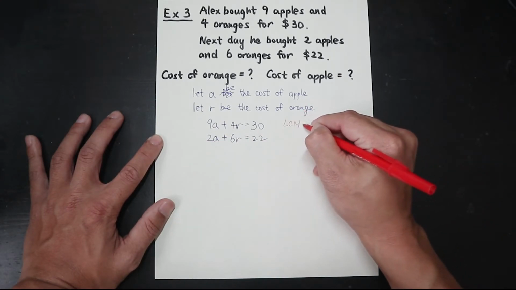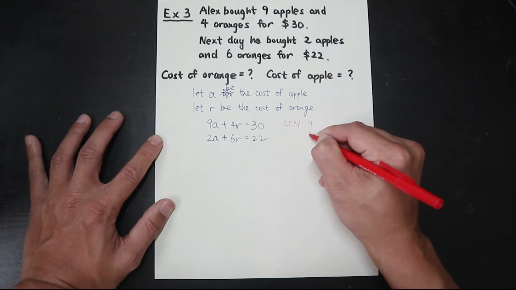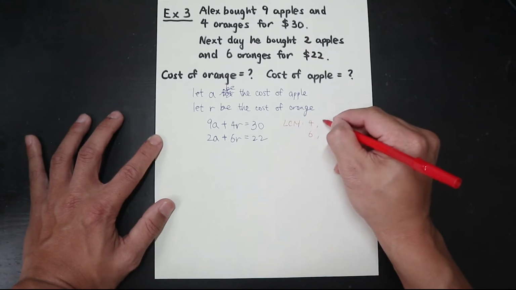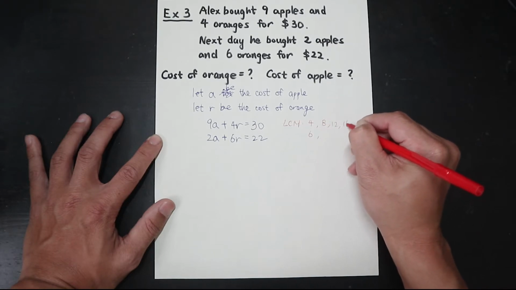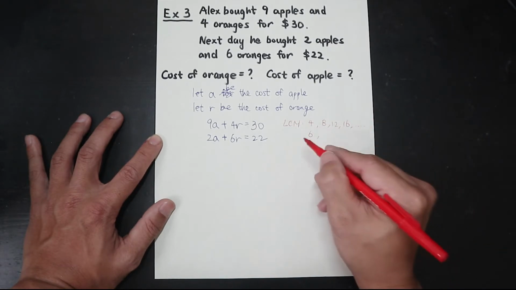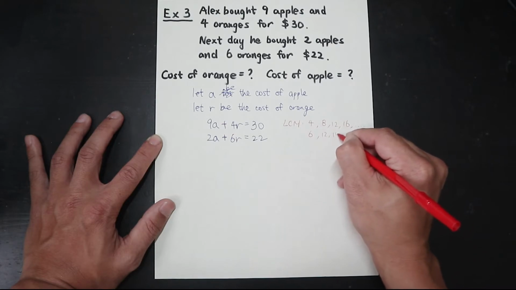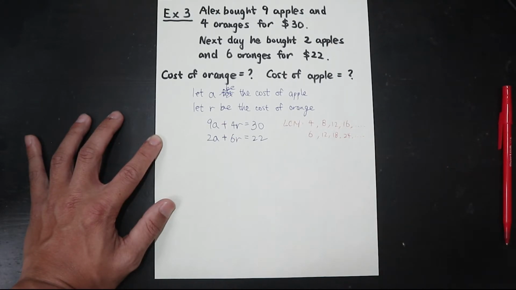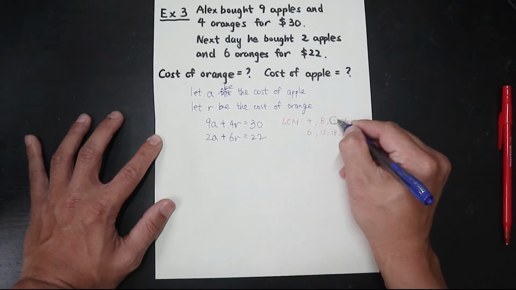You list the multiples of 4 and 6, and then you see which number appears first on both lists. So 4 is 4, 8, 12, 16, and so on, and 6 is 6, 12, 18, 24, and so on. And I see that there's one number that pops up in both lists, which is 12.